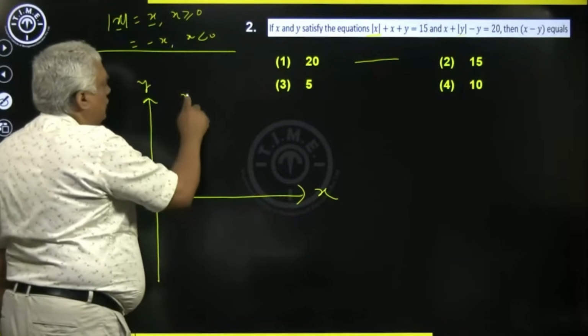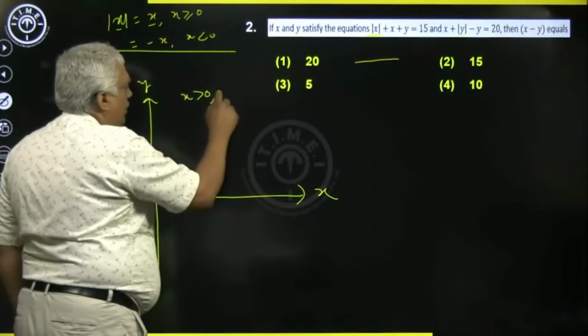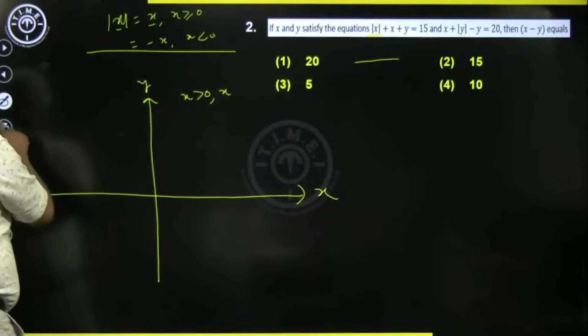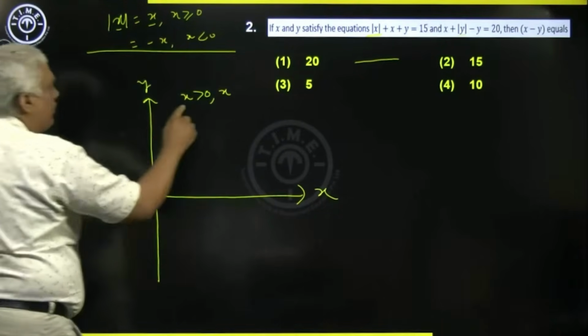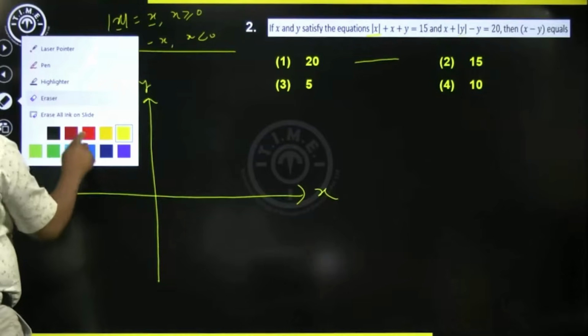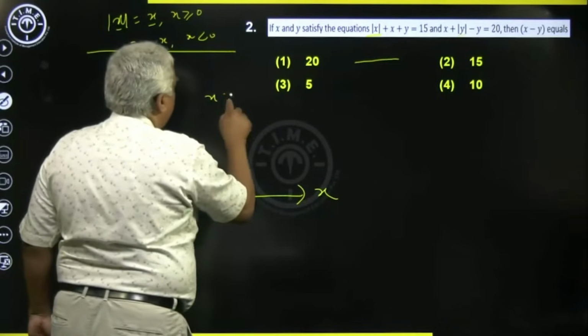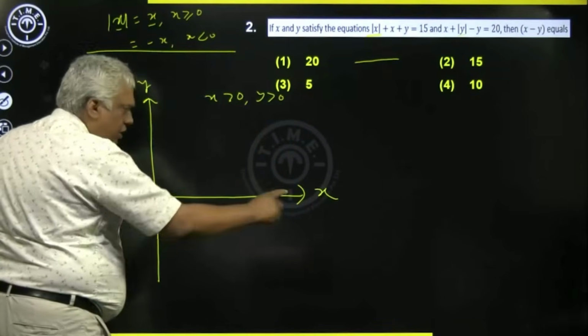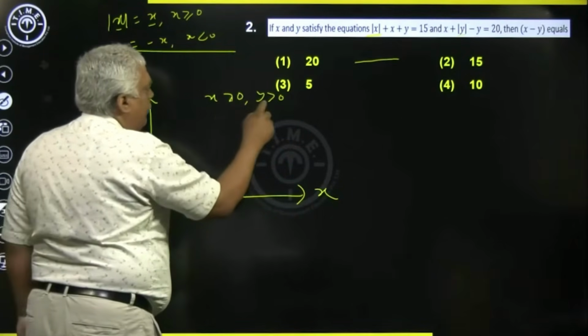So here x is positive, and y is also positive. X and y both are positive. We can consider the boundary points also, so we can say equal to also, not a problem.